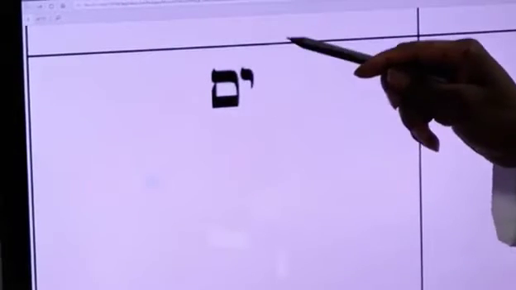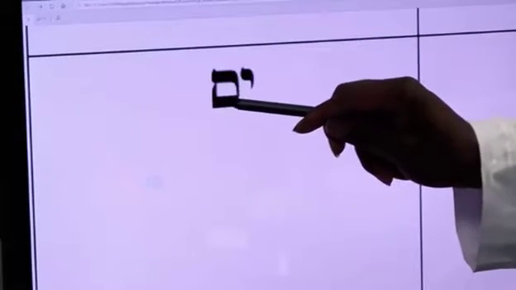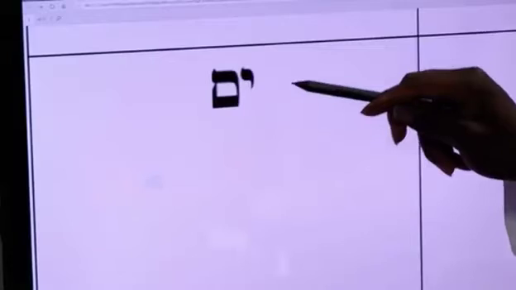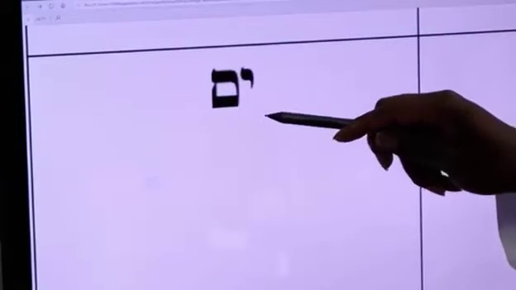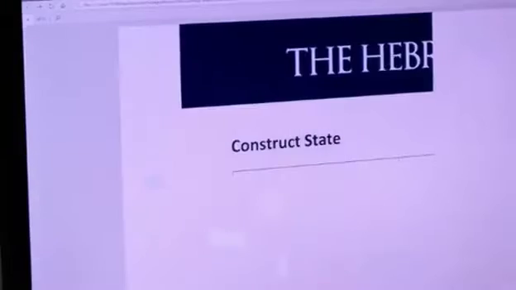Now let's say hypothetically that this was switched around, in which ya was the last letter and ma was the second to last letter. In that case, ma would take on its regular form, which is found at the beginning or middle of a Hebrew word. There are examples all throughout the document, but I just want to highlight that because that is a very good question.